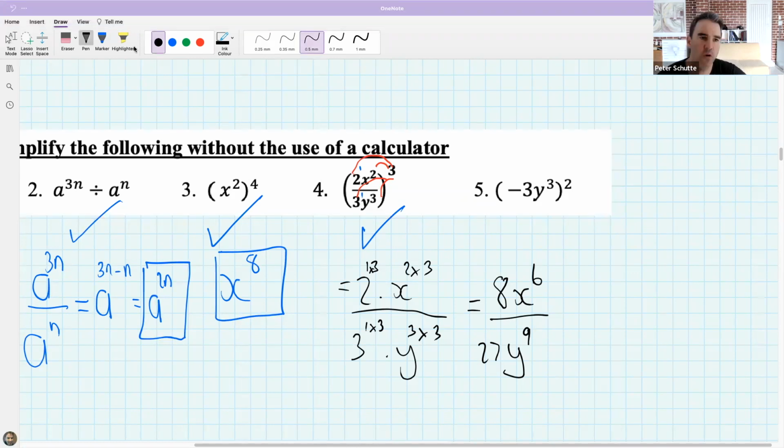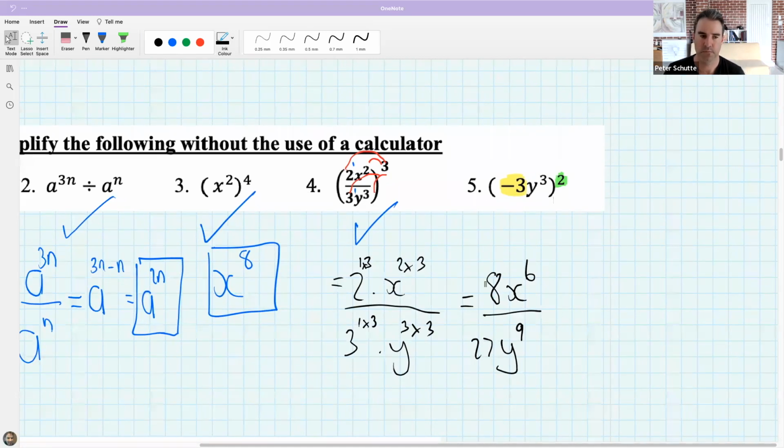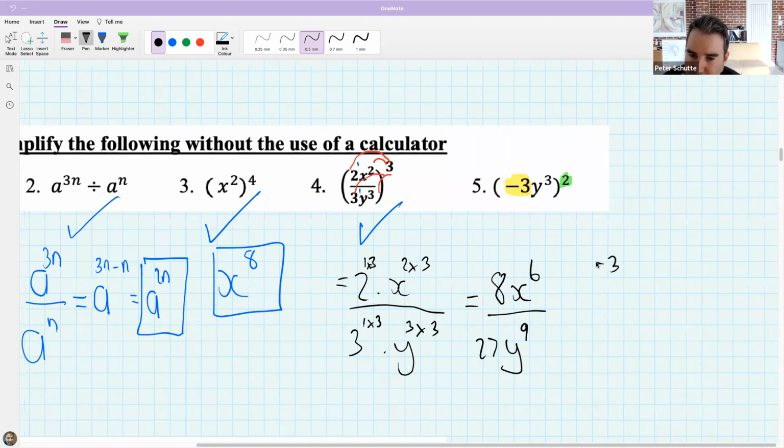My warning on question 5 is watch out for the -3. And also, what does this 2 do? So remember from last time, -3 is in a bracket to the power of 1, and you've got y to the power of 3.